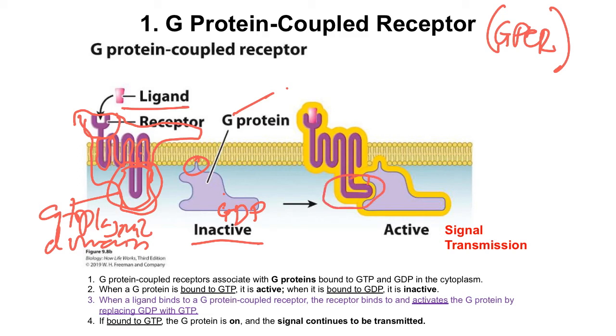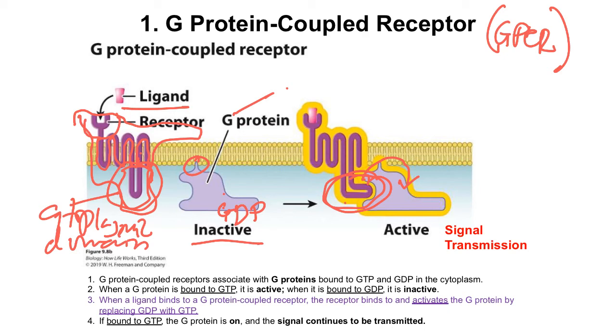So by allosteric activation, the cytoplasmic domain of the GPCR caused a conformational change, which then is capable of recognizing the inactive G protein. And upon their interaction, it triggers a second allosteric activation of the G protein.